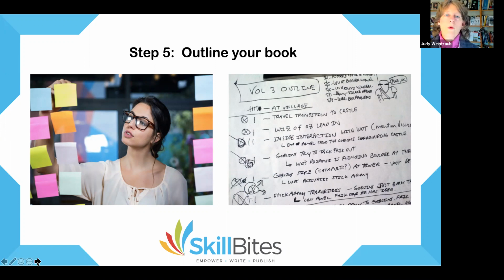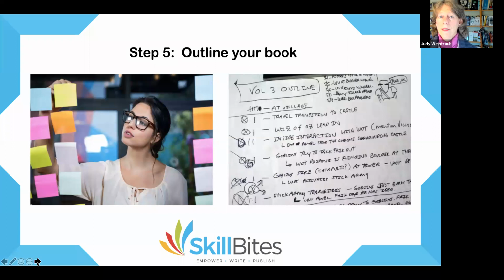You can look at what other material you've already created, whether it's blog posts or articles or presentations or videos or whatever, and plug those into the relevant parts of the outline so you don't have to recreate that content. And it's readily available for you to use.